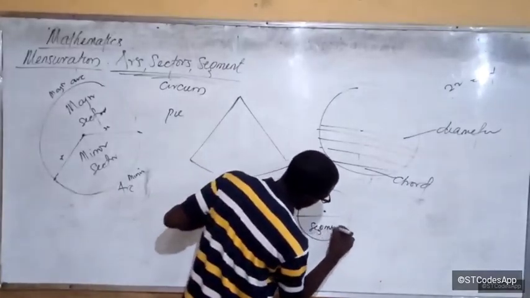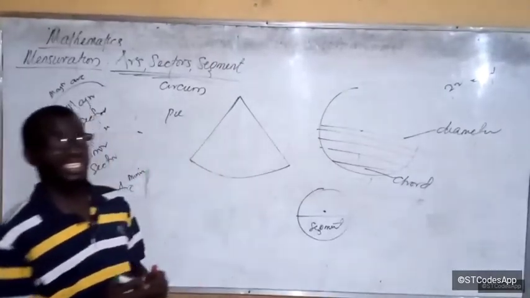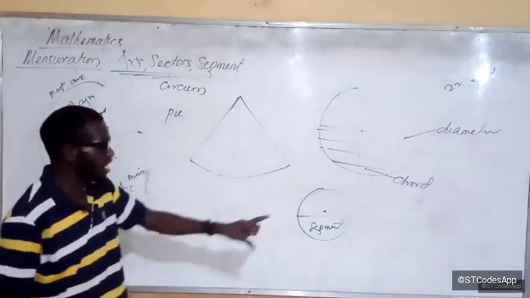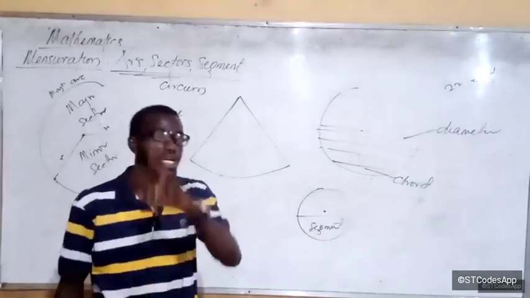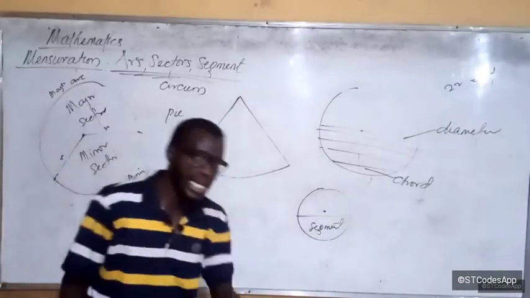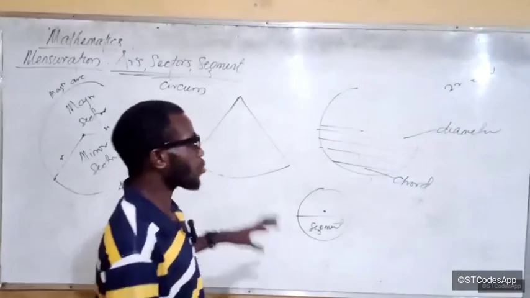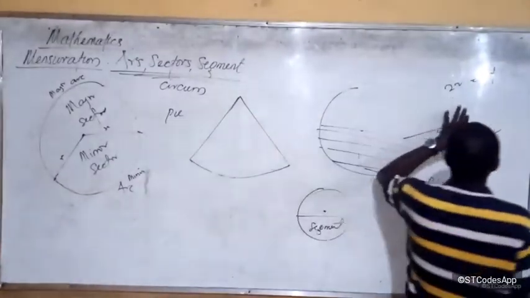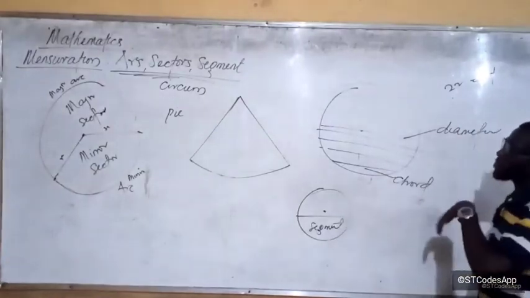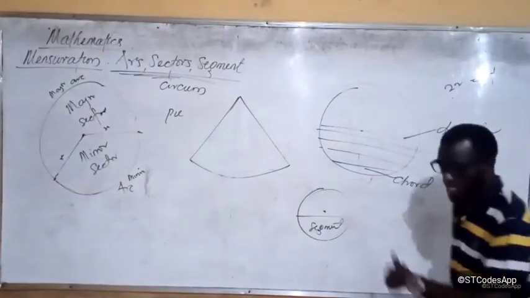Segments. A segment is different from a sector because a segment is not made from two radii, while a sector is made of two radii. That is why the diameter has its own separate name, because it is made up of two radii and yet is a chord.